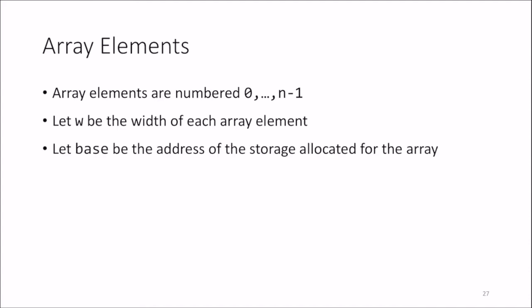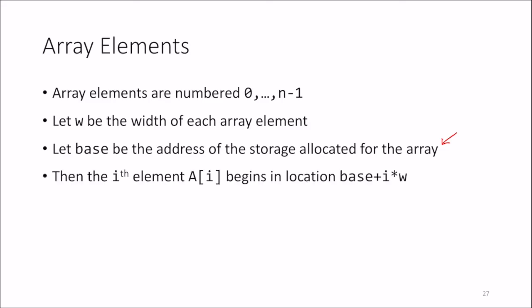If base is the address of the storage allocated for the array, so hopefully you can get its malloc status, then the ith element A[i] begins at the location base plus I times W. I times W will tell you how far the offset would be, and then we add base. That gives you the precise pointer that points to A[i].